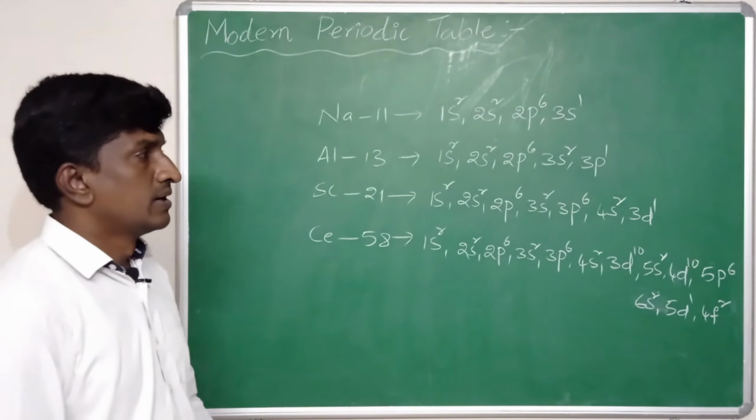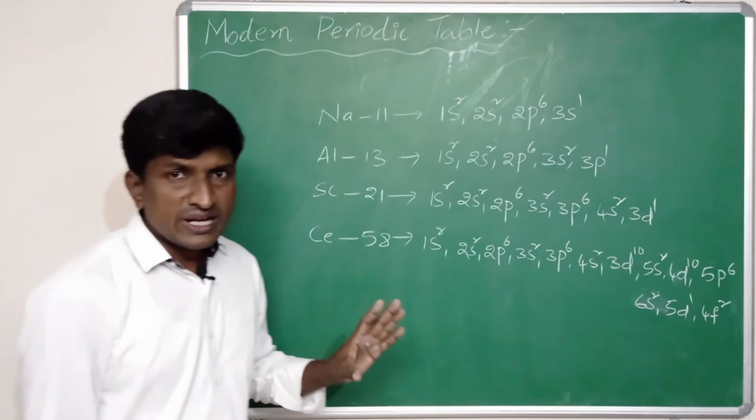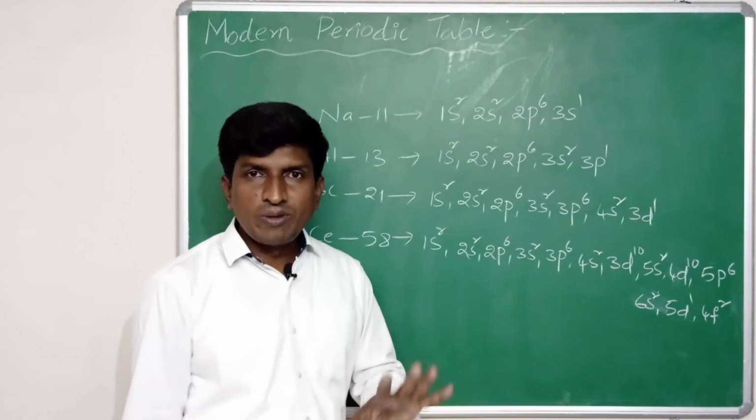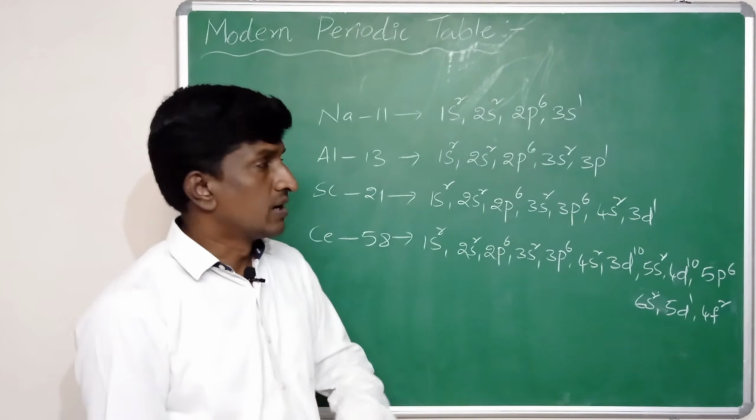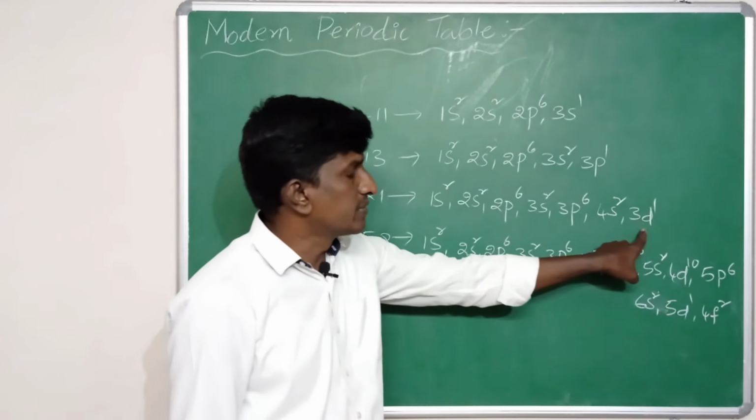So here, the modern periodic table is divided into 4 blocks, mainly based on the outermost electronic configuration of the elements.